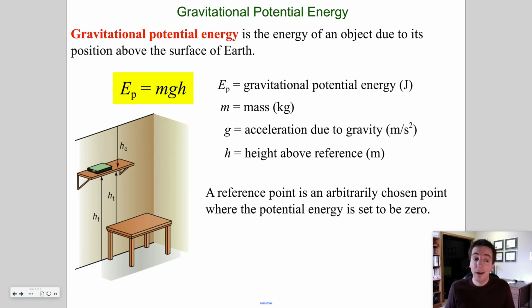If you choose the height of the shelf itself to be 0, then it's got 0 joules of potential energy with respect to the shelf. If you choose the ceiling to be an arbitrary 0 level for potential energy, it's got negative potential energy with respect to the ceiling because it is below the ceiling.